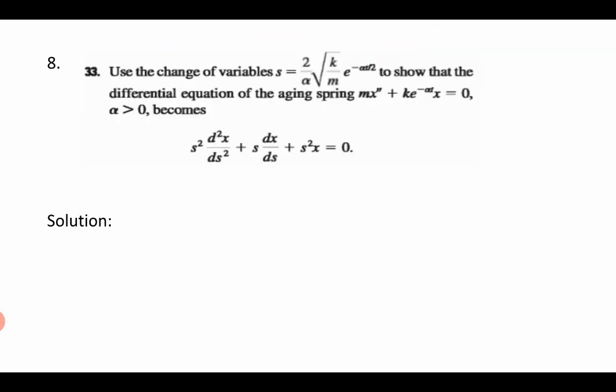Solution is given. Another problem is again kind of Legendre function, isn't it? Use the change of variable. s is equal to this term we are going to use. What is this?